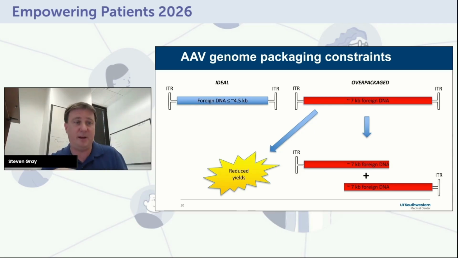And those can come together in cells and recombine, but it's really, really inefficient. And on top of that, the production yields go down dramatically, and the quality of the AAV preps ends up going down. So this is something that can be done, but it's very inefficient, and is generally something to be avoided.